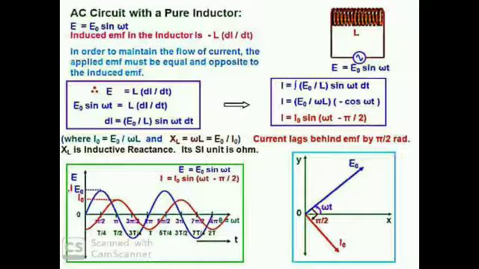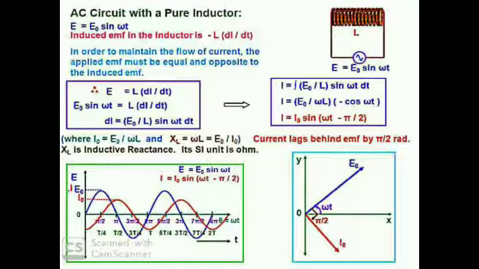Now you can write in place of E naught by omega L as I naught, i is equal to I naught sin omega t minus pi by 2. Now the instantaneous current through the inductor is given by i equal to I naught sin omega t minus pi by 2, where I naught is equal to E naught by omega L.